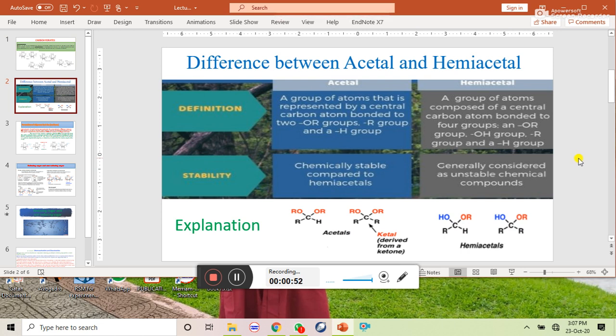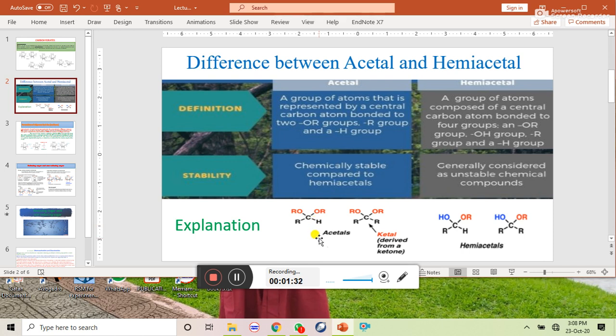In this second classification of carbohydrates, you will see two important terms called acetal and hemiacetal. In the acetal, you will see the central carbon atom is attached to two OR groups, where R stands for alkyl group, and one alkyl group and one H group.